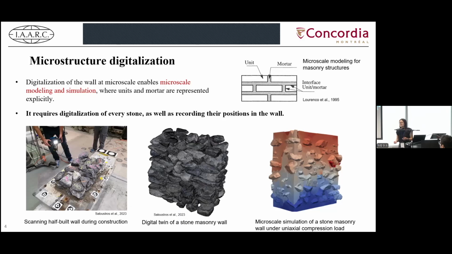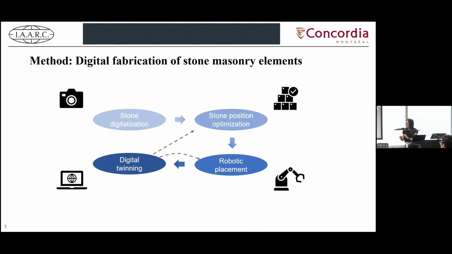As you can imagine, this process is really complicated on site, because masons are really angry that we stop them because we need to do the scanning. So in the end, we came up with another idea: we can use robots. The idea is, given a bunch of stones, we scan all of them, and then we have some computational method to determine where each stone should be.